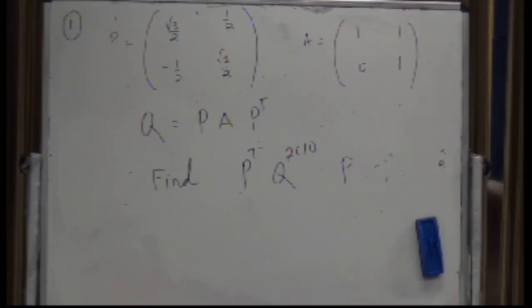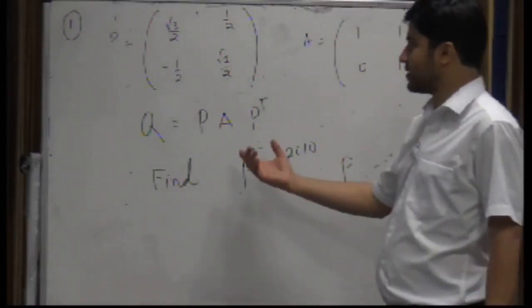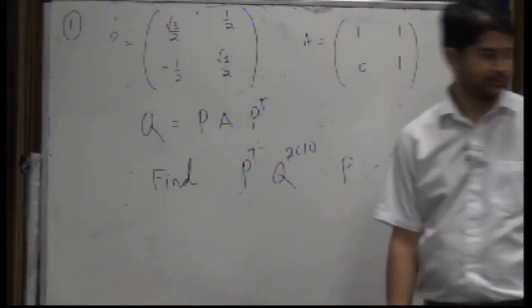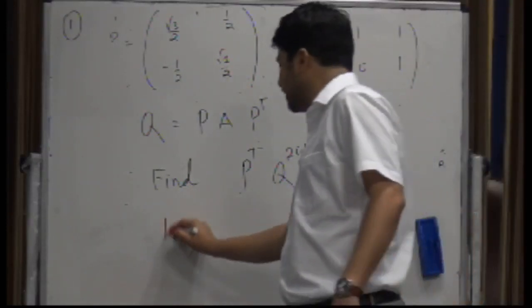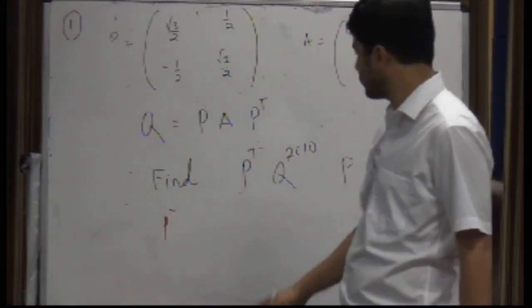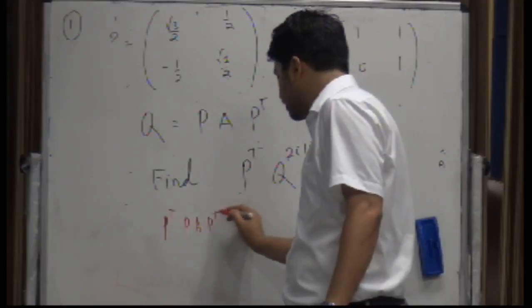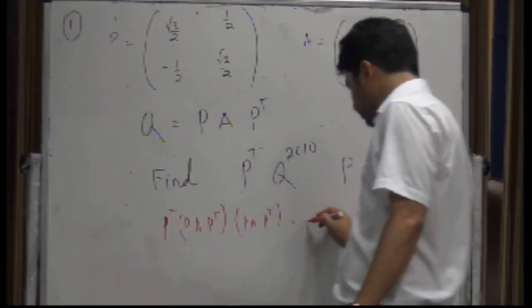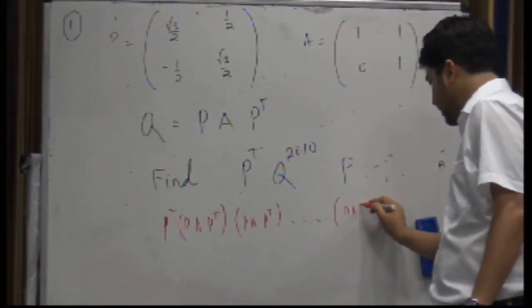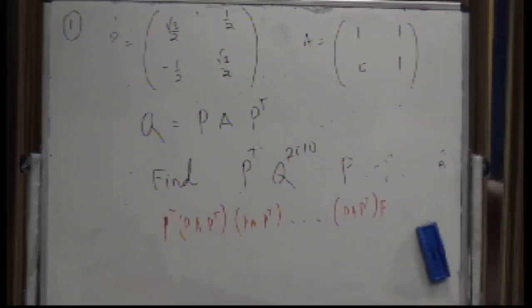See, when you see Q to the power 2010, you're just going to make sense that this is going to fit in here, right? If you see P transpose into PAP transpose into PAP transpose into PAP transpose into P. Okay. Now, since we know it is associative in nature, right?